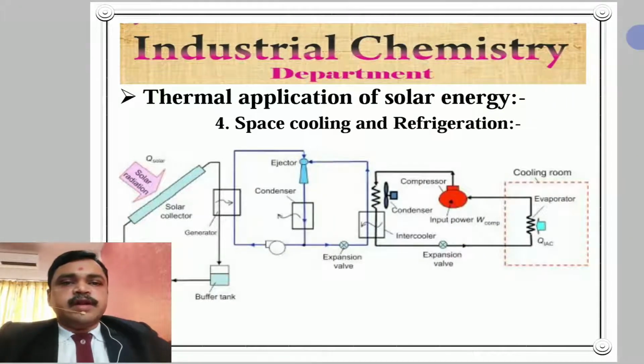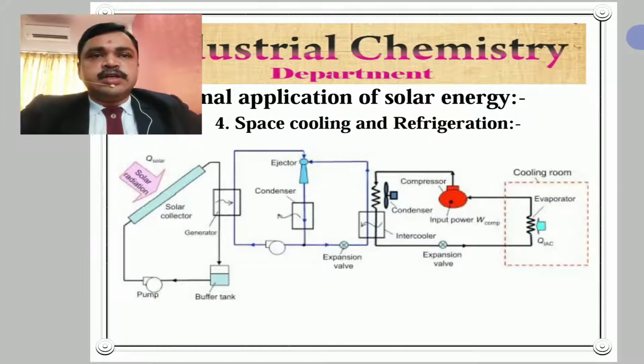See the figure. This figure shows the schematic diagram of a space cooling and refrigeration system. The basic information of this application is that there is one cycle for solar radiation absorption, a second cycle for heat transfer, and a third cycle for space cooling.